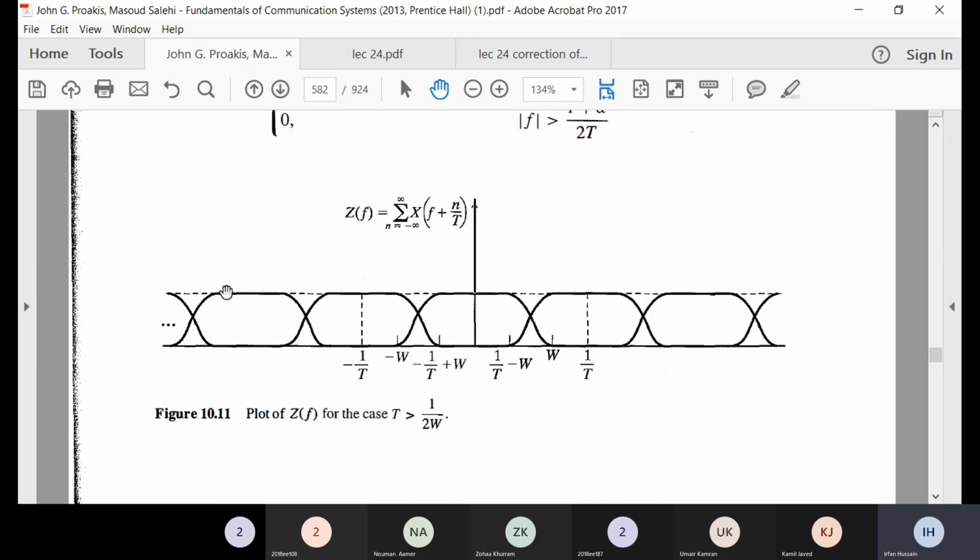We want your X(f) to be a straight line, and the value should be T.